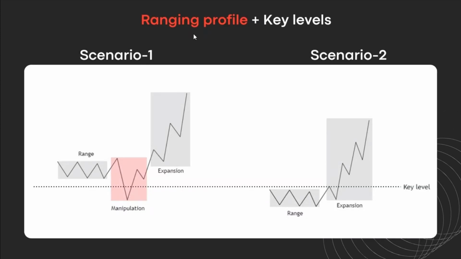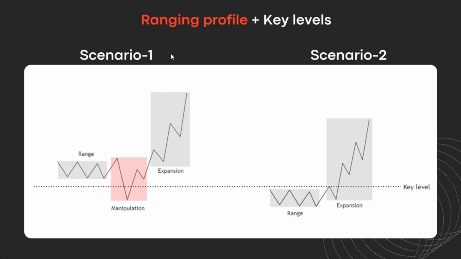Now, the first combination we've got here is the combination of ranging market profile and key levels, right? What you need to keep in mind is that this dotted line right here represents a key level on the higher time frame.